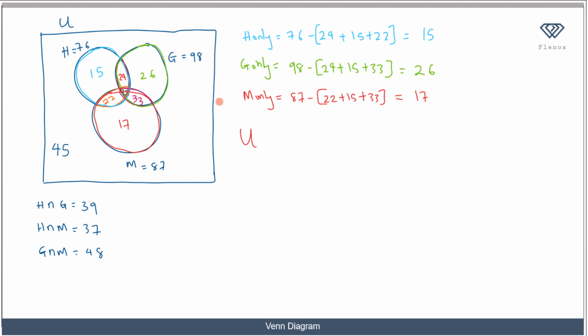So the universal set U will be equal to 15 plus 24 plus 15 plus 22 plus 26 plus 33 plus 17, plus the number that participated in none, which is 45, and that gives me, when I sum these numbers together, 197. So the total number of students is 197.